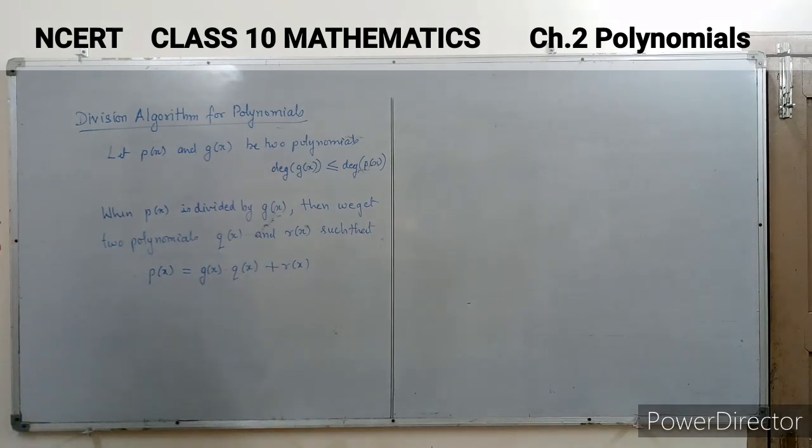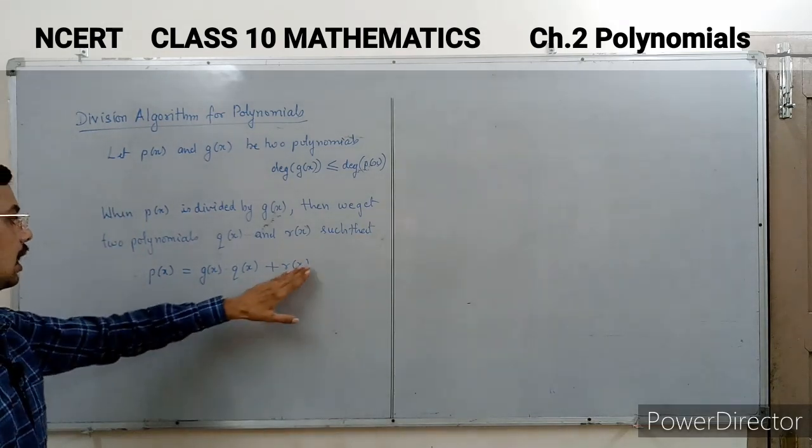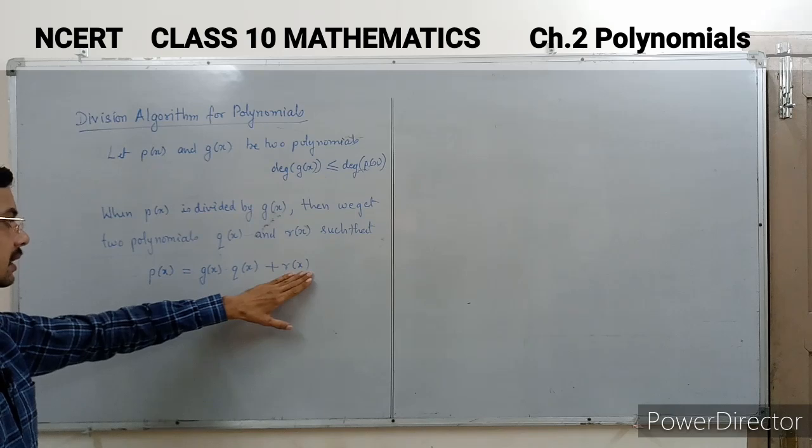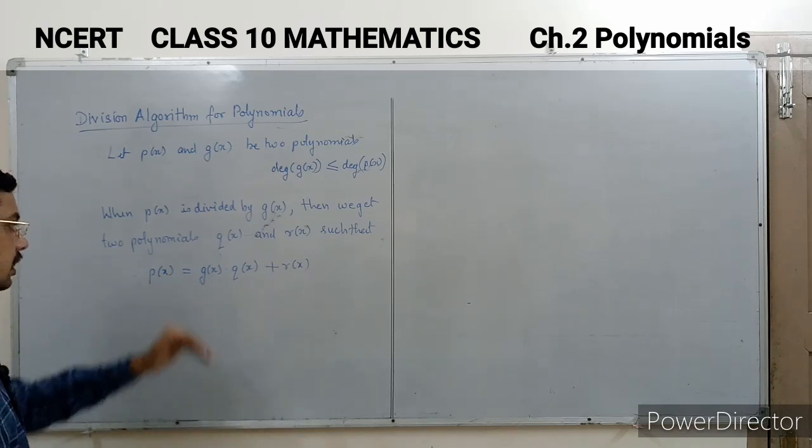Here again the condition is that r of x should have a lesser degree than the divisor.